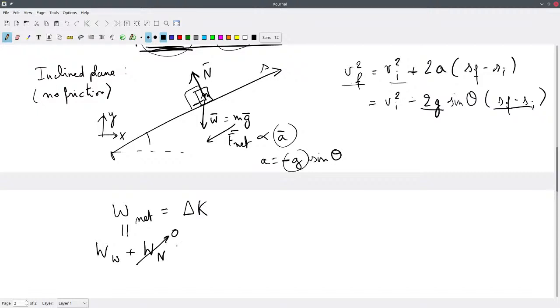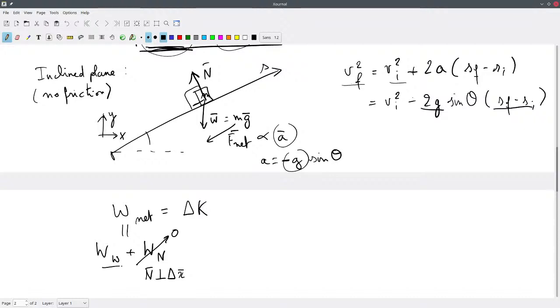Why is it 0? Because the normal force is always perpendicular to the displacement. Let's call it dx. So the normal force is always perpendicular to the displacement. So the work done by the normal force is 0, and the only work in this net work is due to the weight.